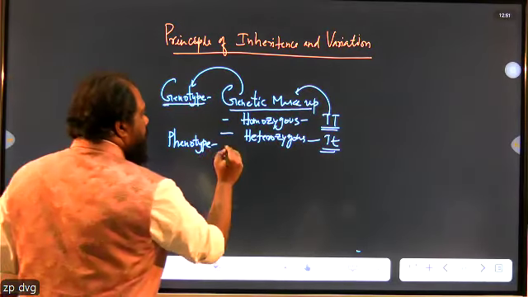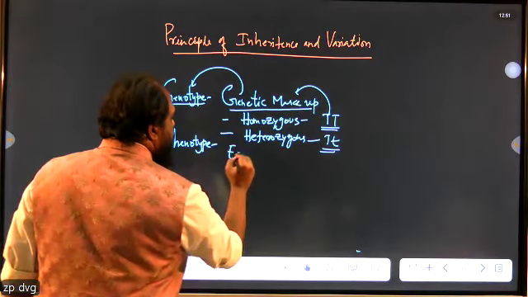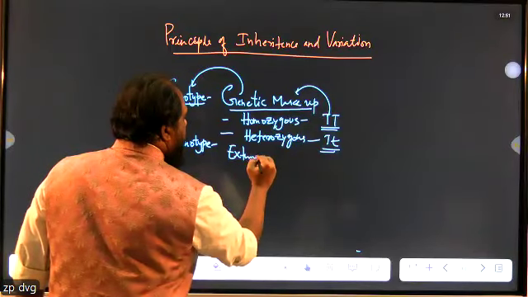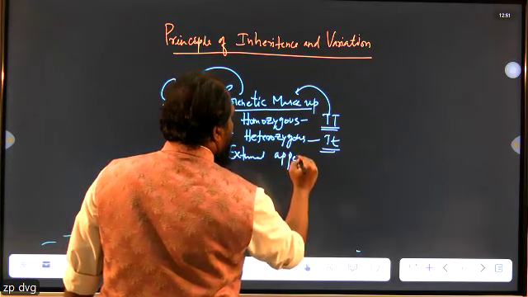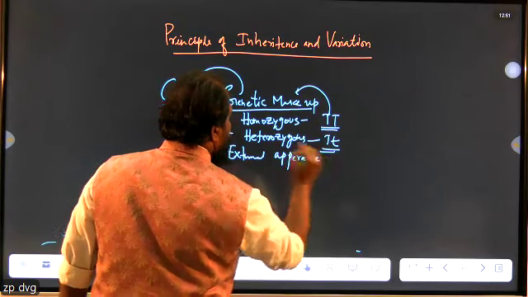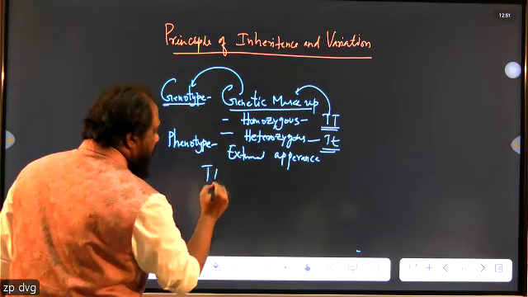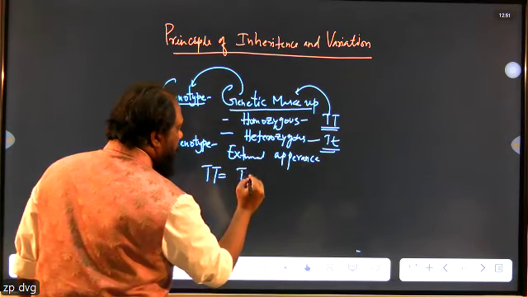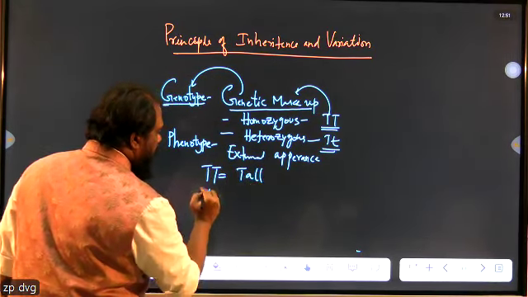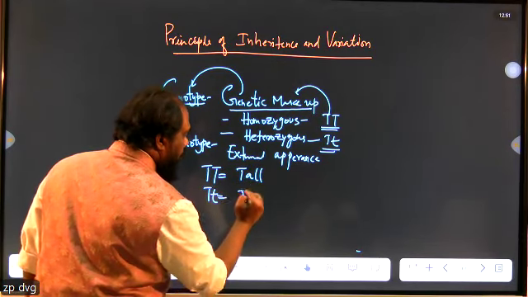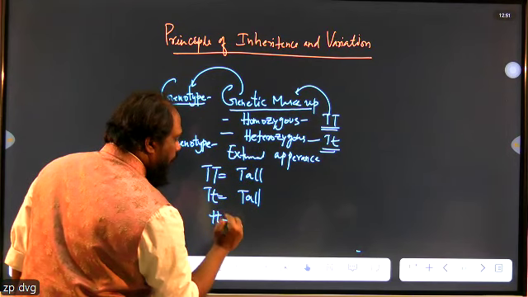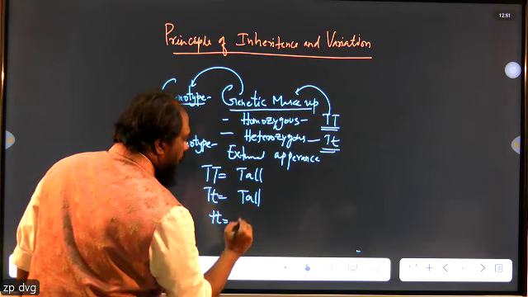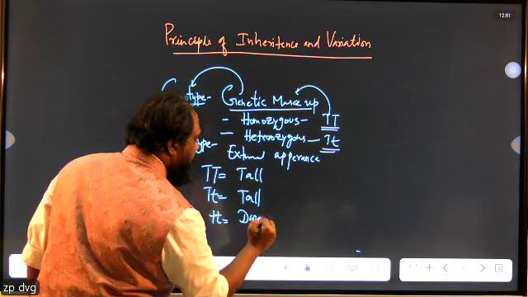What is a phenotype? Phenotype is the external appearance. See, for example, when I say capital T, it's for tall character. Capital T, small t is also for tall character. And small t is for, I can say, a dwarf trait.